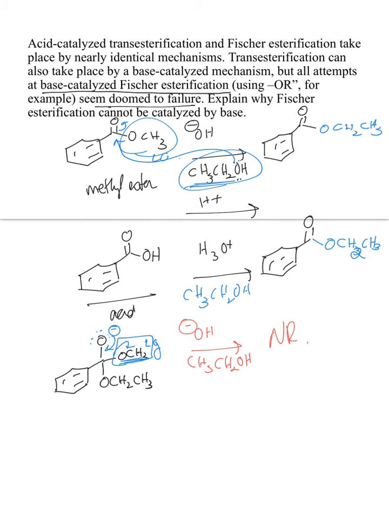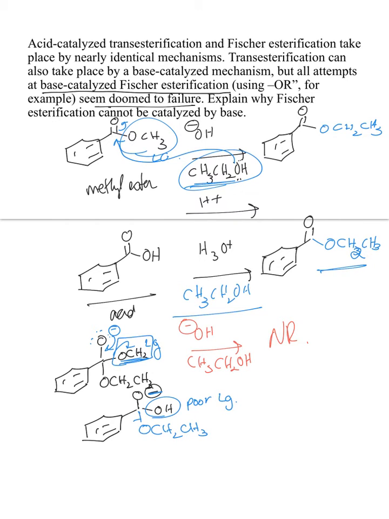Now here you have the acid catalyzed. But when you have a carboxylic acid, the intermediate, so we're looking at the intermediate here, with your CH2CH3, in order to make your ester, this is a poor leaving group. And you've got an O minus. So it's not going to leave.